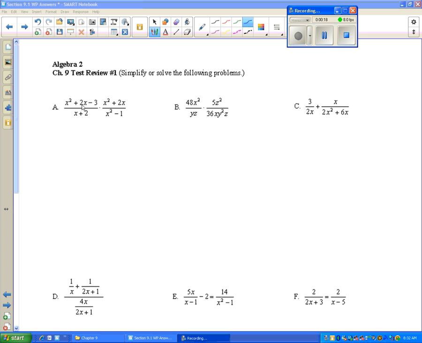Problem A, x squared plus 2x minus 3 divided by x plus 2 times x squared plus 2x divided by x squared minus 2. I'm multiplying, so I want to get factors so I can cancel out.